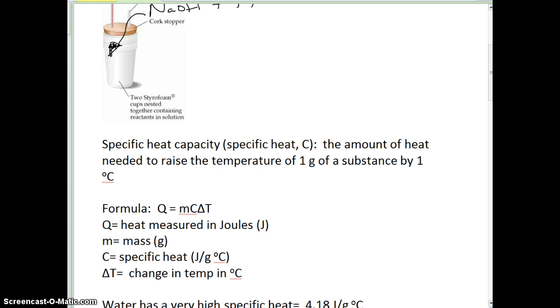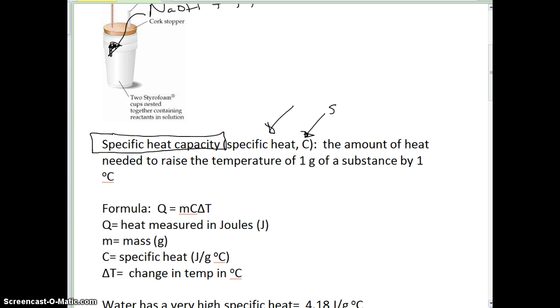Let's talk about a few other things. Let's talk about specific heat capacity. We also call this, just for short, specific heat. And we'll also use the capital C as our symbol for specific heat. Occasionally you'll see, in some other textbooks, they use a lowercase s.